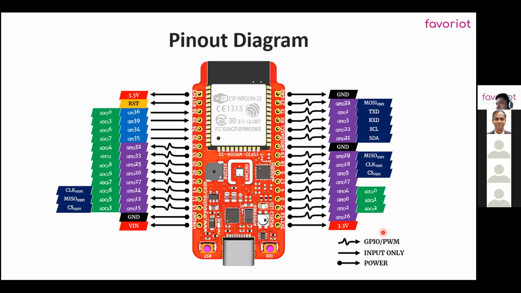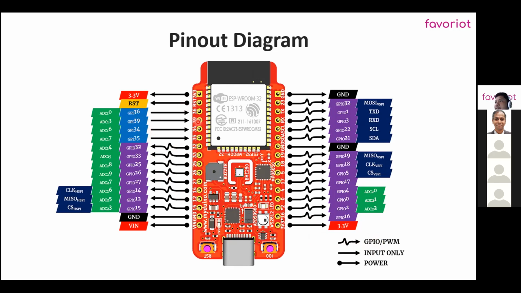Okay. There is a difference between GPIO and GPI. For GPIO, we can use that pin as an input and also output. For GPI, we use that pin only as an input, we can't use it as an output.